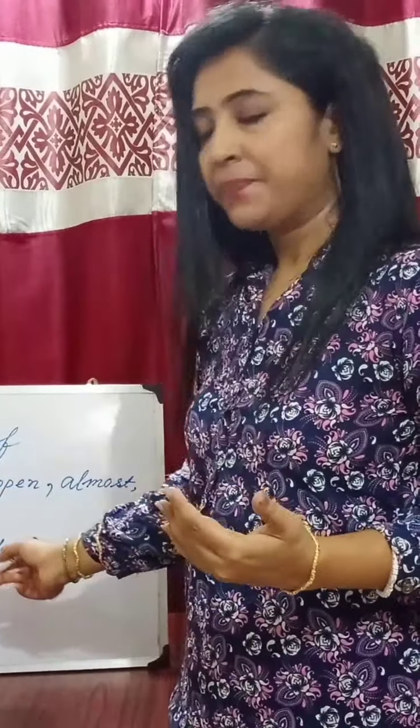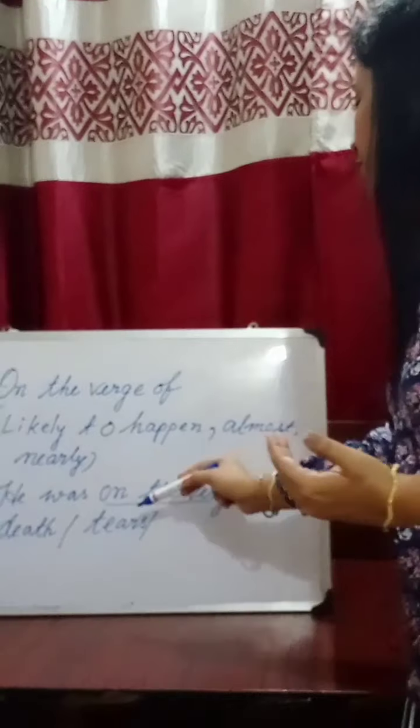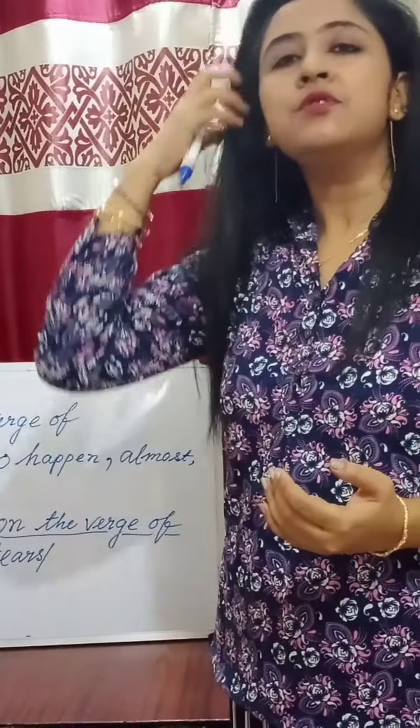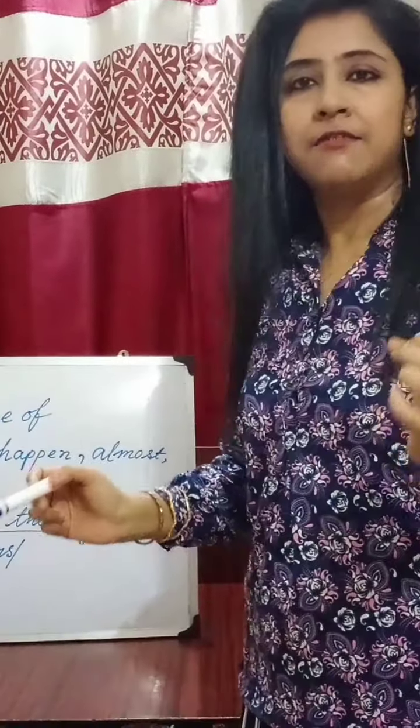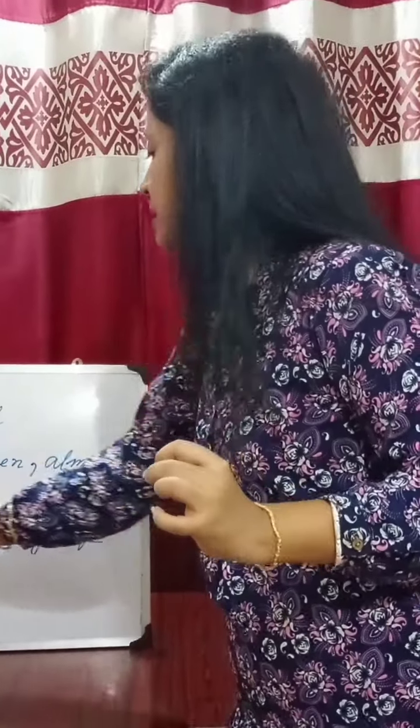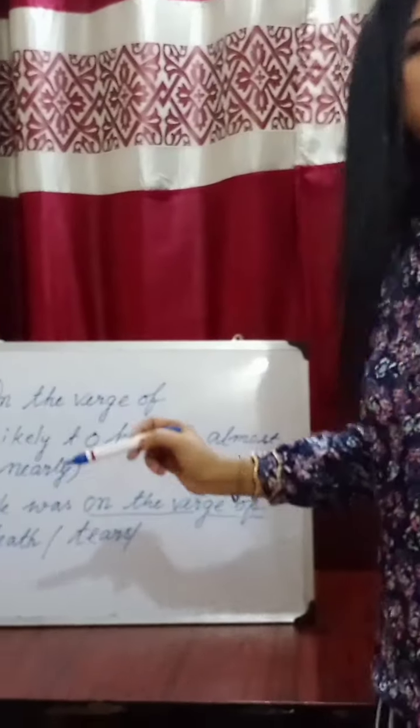You can relate the same thing to tears. He was on the verge of tears. Suppose a baby was playing with a toy and someone snatched it away, and the baby boy was about to cry, about to scream. So we can relate the idiom to the sentence: he was on the verge of tears.